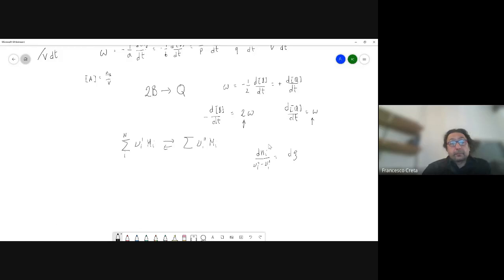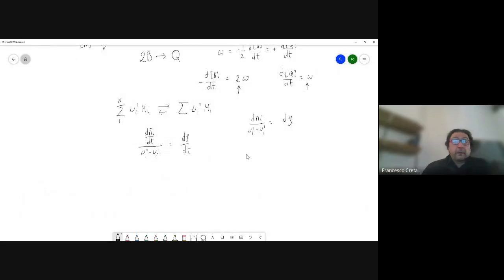So we can divide, for example, by dt, and we have the rate of change of progress variable, and then by dividing by the volume, we have essentially that 1 over the stoichiometric coefficients times, now that I'm dividing by volume, the molar concentration change by dt, which is equal to 1 over v, and that will be equal to the rate of change.